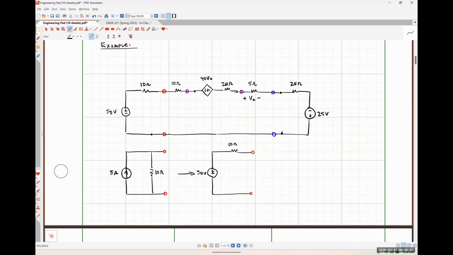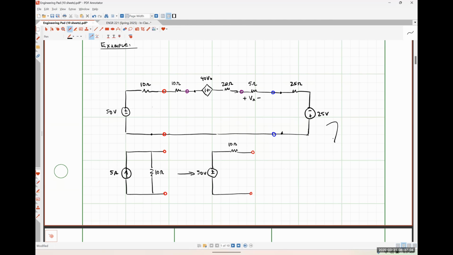Okay, I can make this even more simple now by applying the resistor combination techniques that we learned in our 4th class meeting and the source combination techniques that we learned in our 5th class meeting, right? So I can see that I have 10 ohms in series with 10 ohms in series with 20 ohms in series with 25 ohms. Again, I'm leaving that 5 ohm resistor alone because that's where the voltage drop Vx occurs.